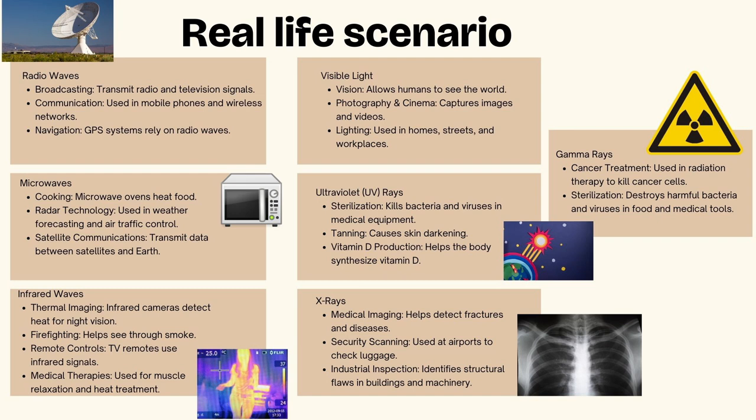After that, we have ultraviolet rays, UV rays, which help our bodies produce vitamin D but can also cause sunburn. Moving further, X-rays allow doctors to look inside the human body, while gamma rays are used to kill harmful cancer cells.